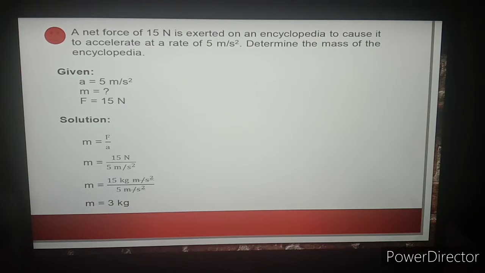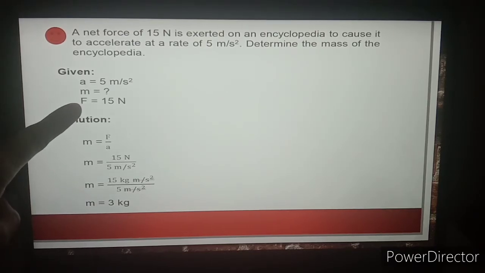So, in this word problem, we are looking for the mass of the encyclopedia. The net force is being applied on an encyclopedia to cause it to accelerate at a rate of 5 meter per second squared. Ilan daw yung value ng force na in-exert natin para mag-accelerate yung encyclopedia? We have here 15 Newton.